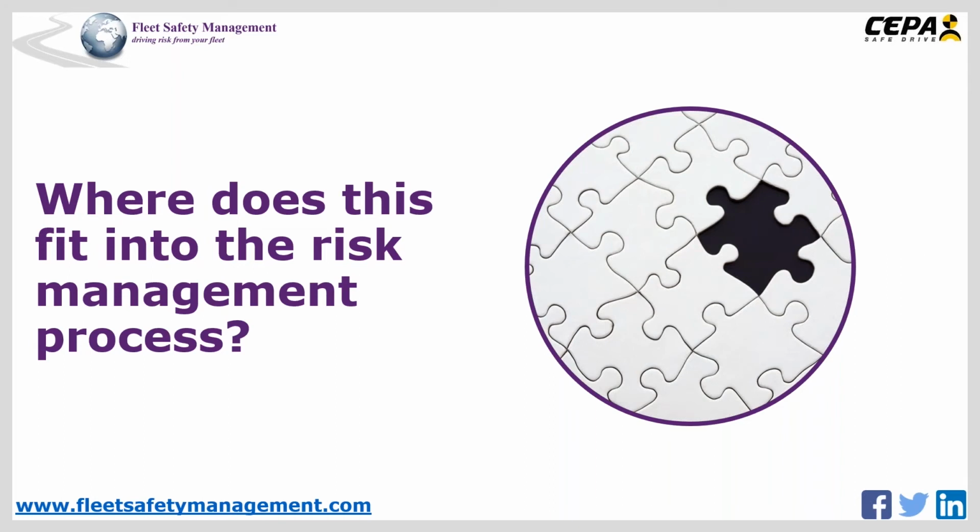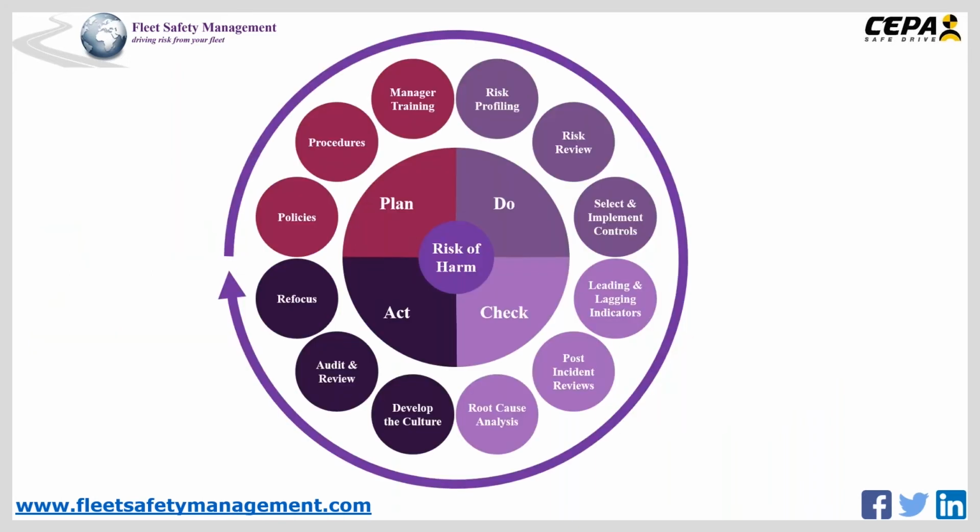But going back to the title of the session, what can we learn? Well, I said at the beginning, it's important to look at this in the wider context of your overall risk management program. And this is what a proven risk management program will look like. When we're talking about what can we learn, we're looking at the bottom right quadrant in the plan, do, check, act process.